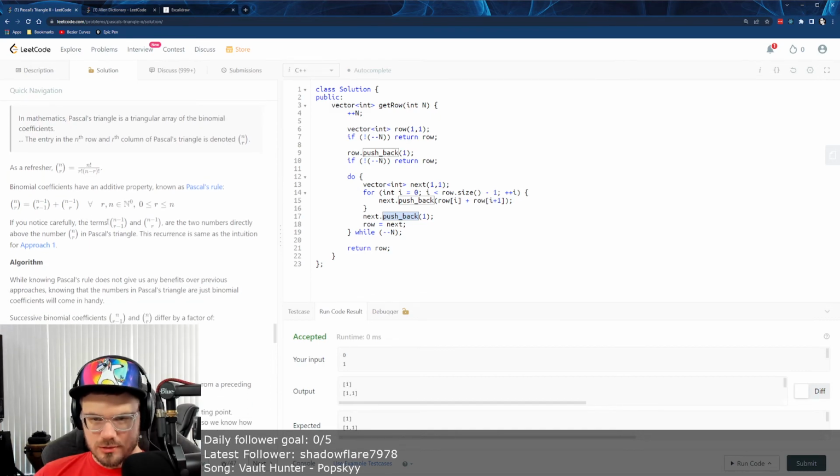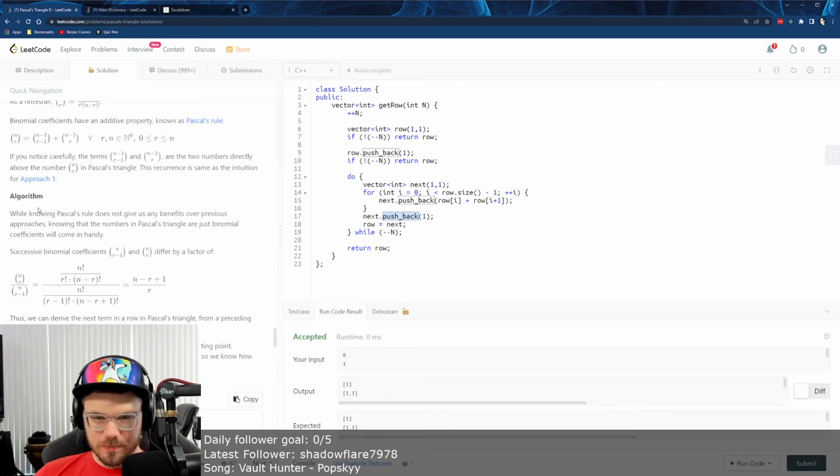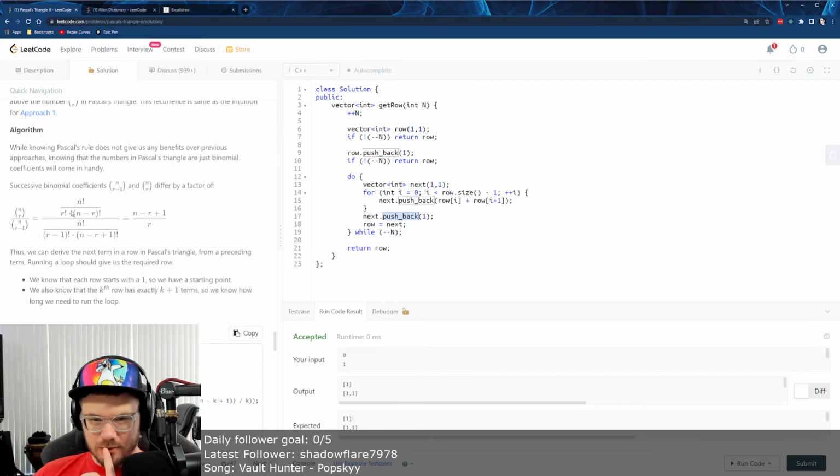And if you notice, those two terms are the two numbers directly above the number n choose r in the triangle. This recurrence is the same as the intuition for approach 1. While knowing Pascal's rule does not give us any benefits over previous approaches, knowing that the numbers in the triangle are just binomial coefficients will come in handy.